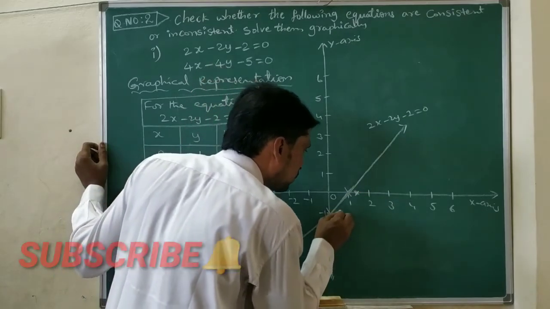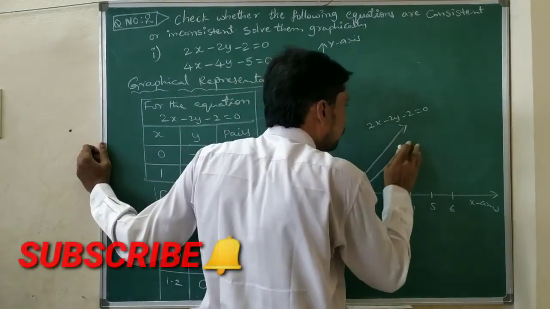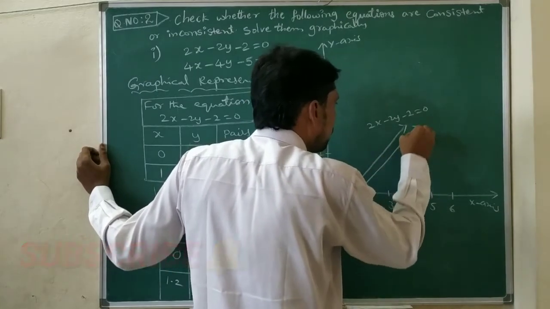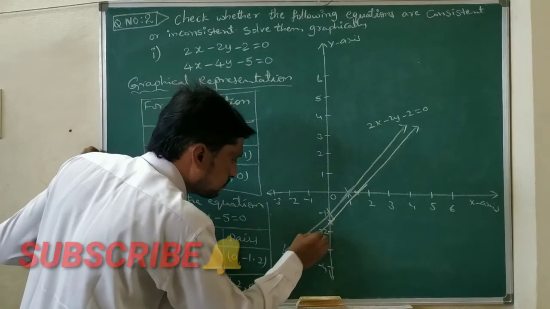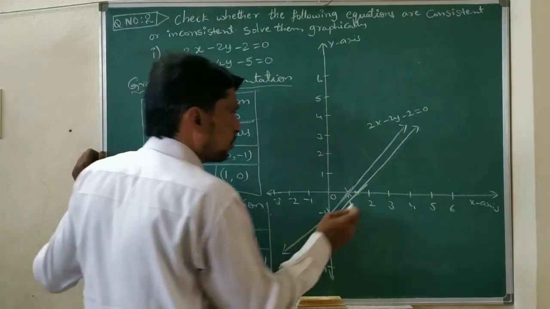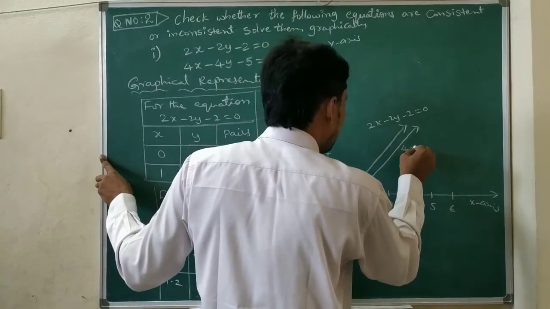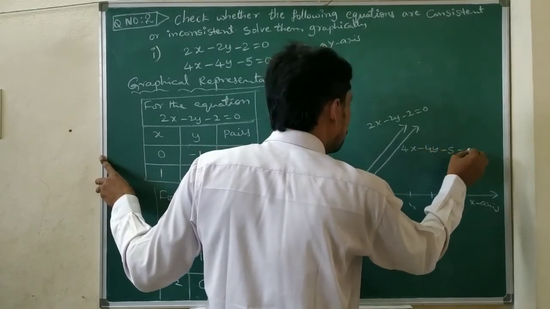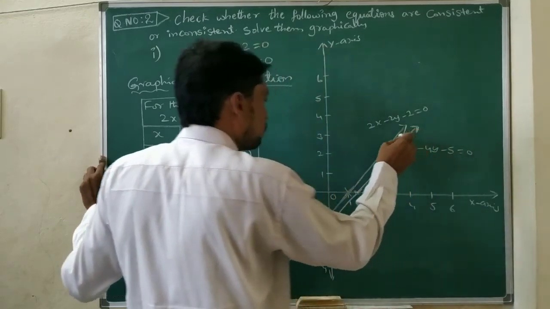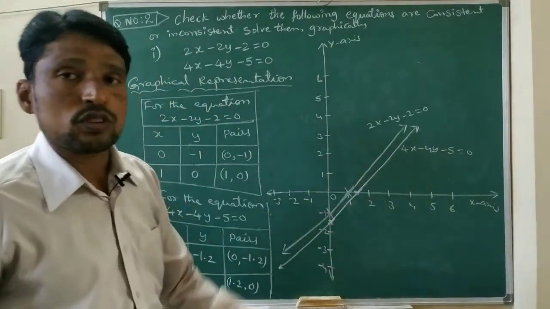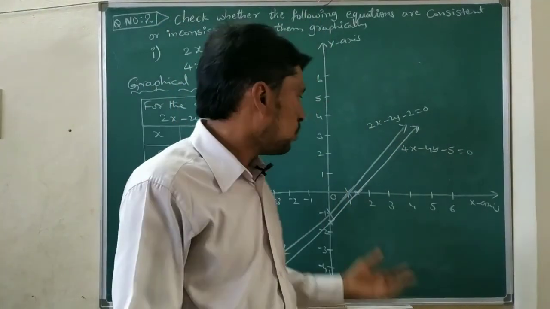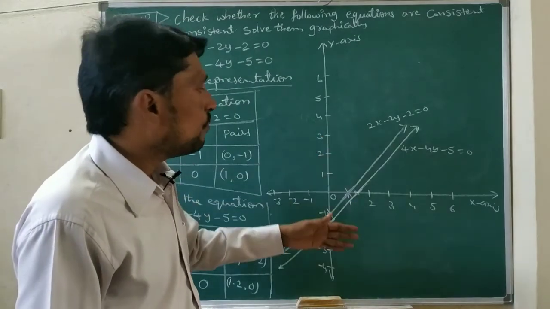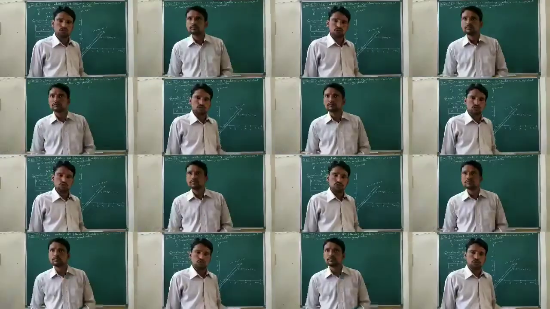So here we get parallel lines, that is 4x minus 4y minus 5 equal to 0. Just observe the lines once, both are parallel lines, and here we do not have the zeros.